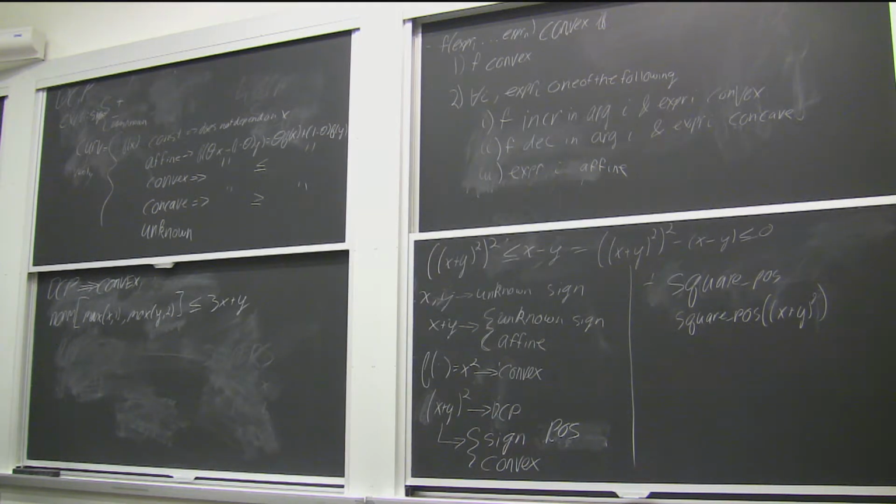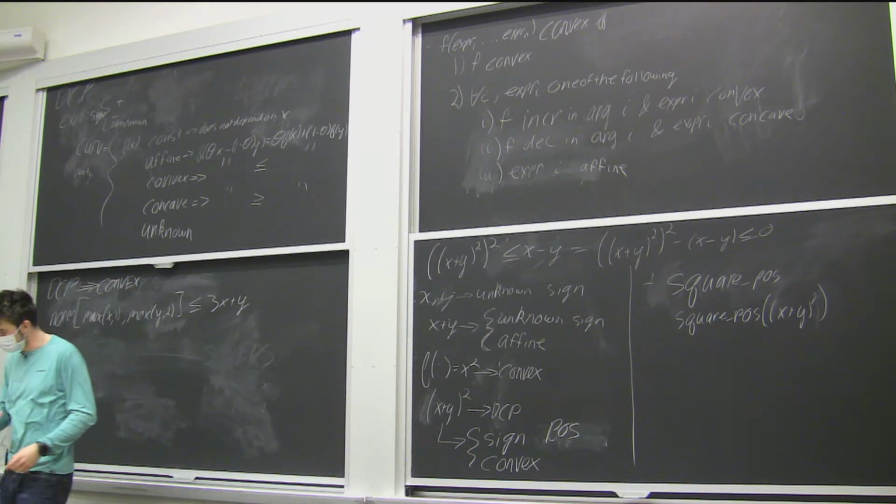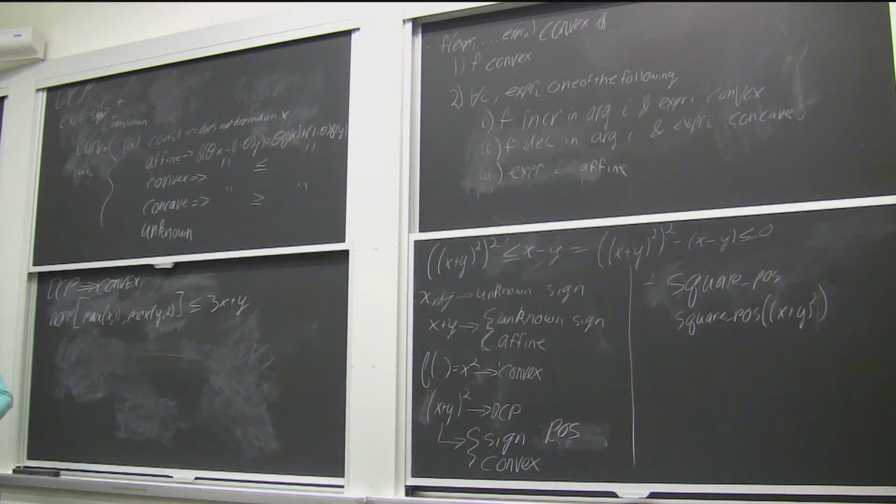Can anyone spot right off the bat what's going to break here? This is going to break for a very similar reason as to this one, but the fix is very different.